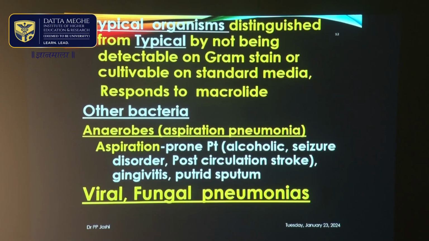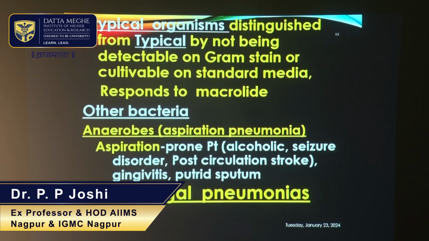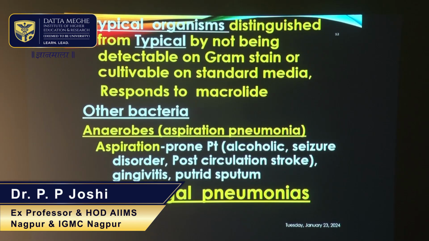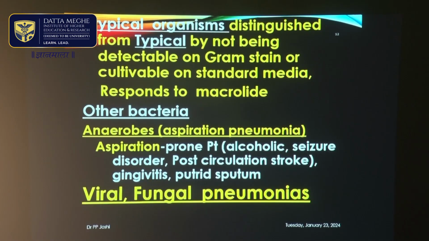Now these are common organisms which cause aspiration pneumonia, and the anaerobic non-spore bearing organisms are normal commensals of the upper respiratory tract, and this includes Peptococcus, Streptococcus, spirochetes, and these are basically commensal organisms and can cause pneumonia when the immunity of the patient drops, and when aspiration can occur, in patients who are alcoholics, who have developed a seizure disorder, or patients who have a posterior circulation stroke in which the 9th and 10th nerve is damaged and the cough reflex is suppressed, and patients who have gingivitis.